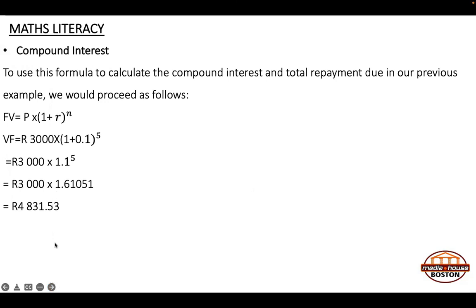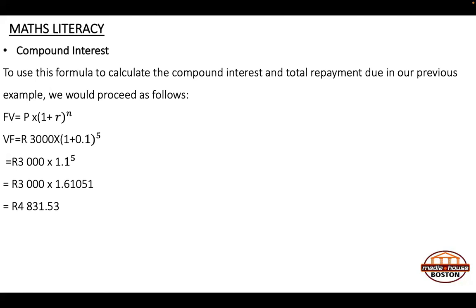So to use this formula to calculate compound interest and total repayment due in our previous example, we will proceed as follows. FV equals P times (1 plus R) to the power of N. FV equals 3,000 times (1 plus 0.1) to the power of 5, so 3,000 times 1.1 to the power of 5, which is 3,000 times 1.61051.